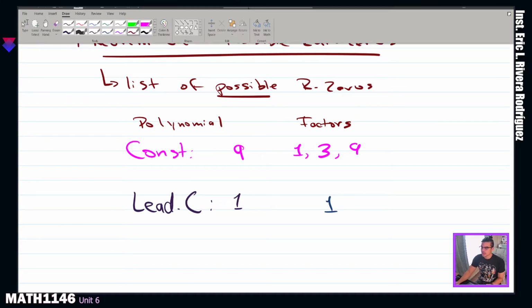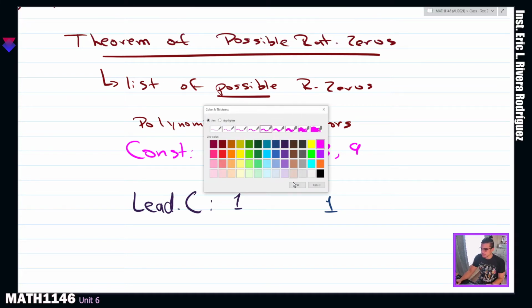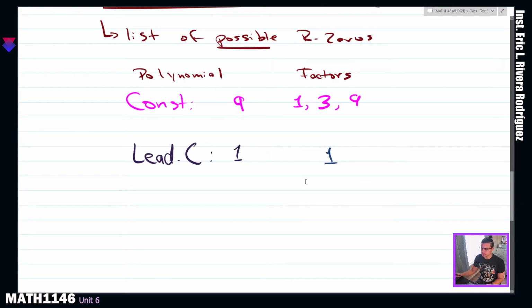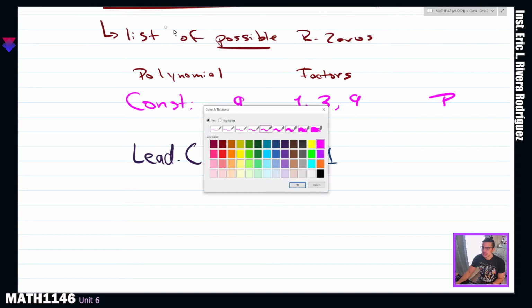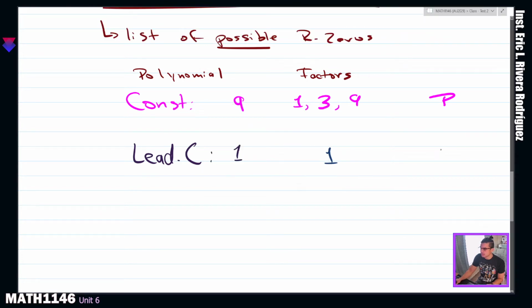So you are going to remember the following. The constant term is going to be represented by the variable p, and the leading coefficient is going to be represented by the letter q.